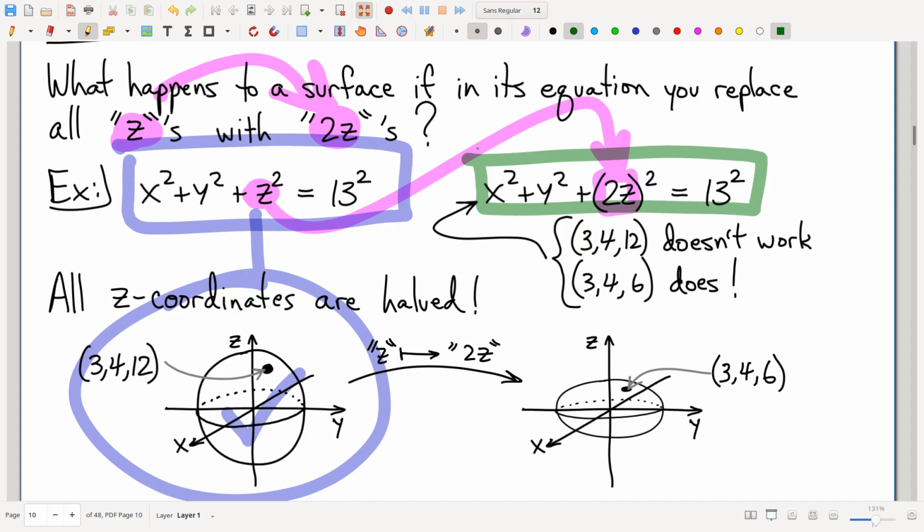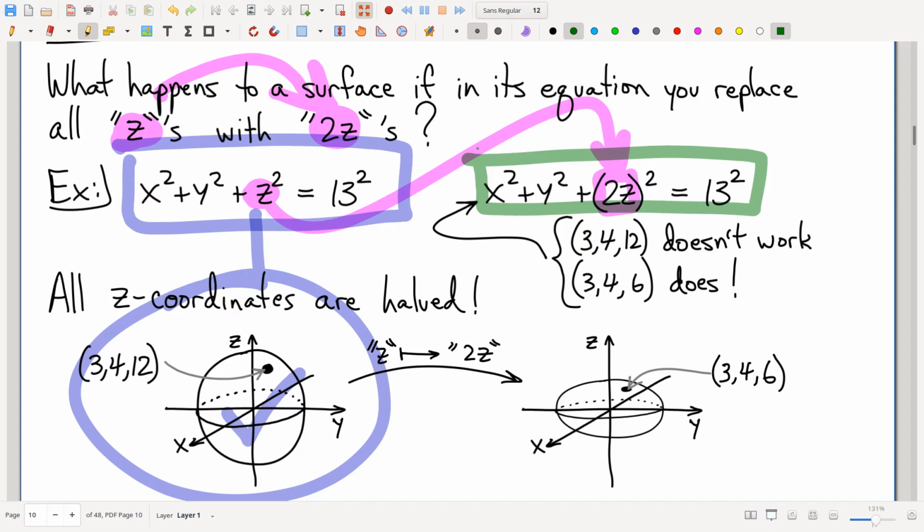For example, I got really lucky on this one. Rho, spherical rho, staring me right in the face. That makes this easy to understand. I don't have that convenience here with this algebra. So what does this surface look like? Said differently, what deformation happens to the surface when I do this algebraic move of everywhere I see a z, I erase it and I put a 2z?